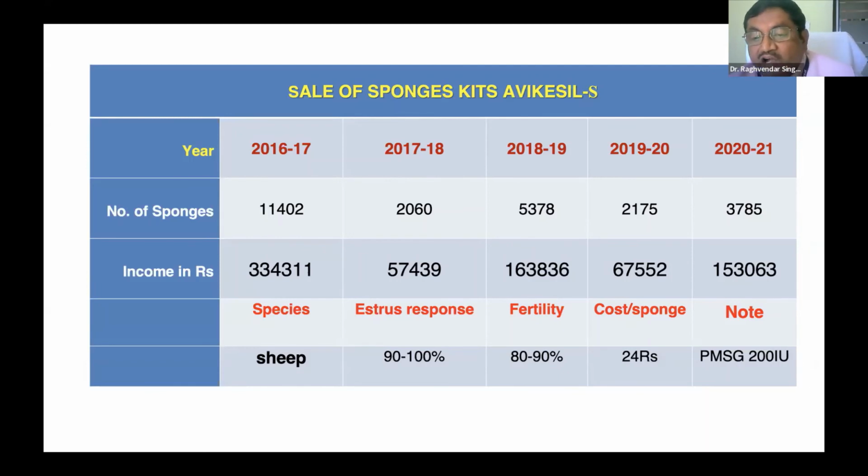The cost per sponge is approximately 24 rupees presently, and PMSG is required whenever the animals are in the non-breeding season. Non-breeding means, as opposed to the breeding season, which is in the spring season. Afterwards, if you need it, you have to give 200 international units of PMSG, a hormone, which is 200 IU. We have to give it on the day of sponge out. So this is the input required by the farmers in addition to the sponges.